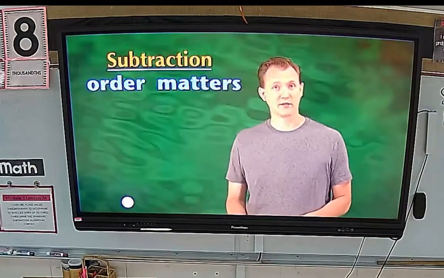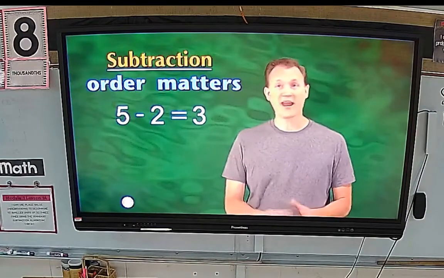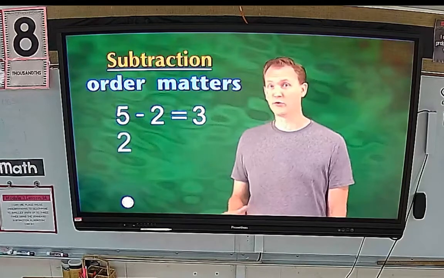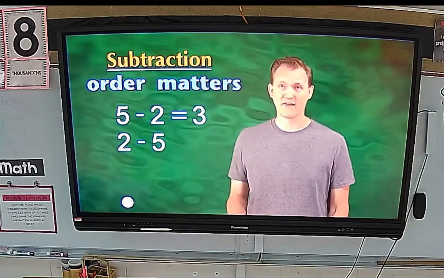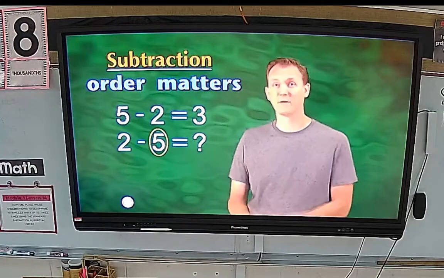But with subtraction, if you have the problem 5 minus 2, you'll get 3. But you can't switch the problem around. You won't get the same answer if you try to do 2 minus 5 instead. In fact, you'll probably get confused because you'll be trying to subtract a bigger number from a smaller one. With multi-digit subtraction, it's important to remember that order matters, especially when you're rewriting your problem.